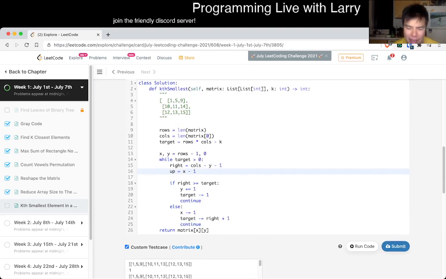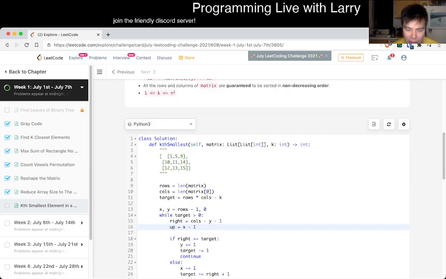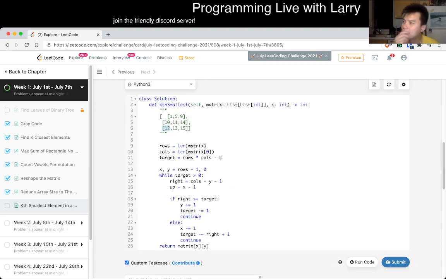Also, if k is 1, meaning we want to find the biggest number, then we actually even get it wrong because we just look at here and then we just stop short.